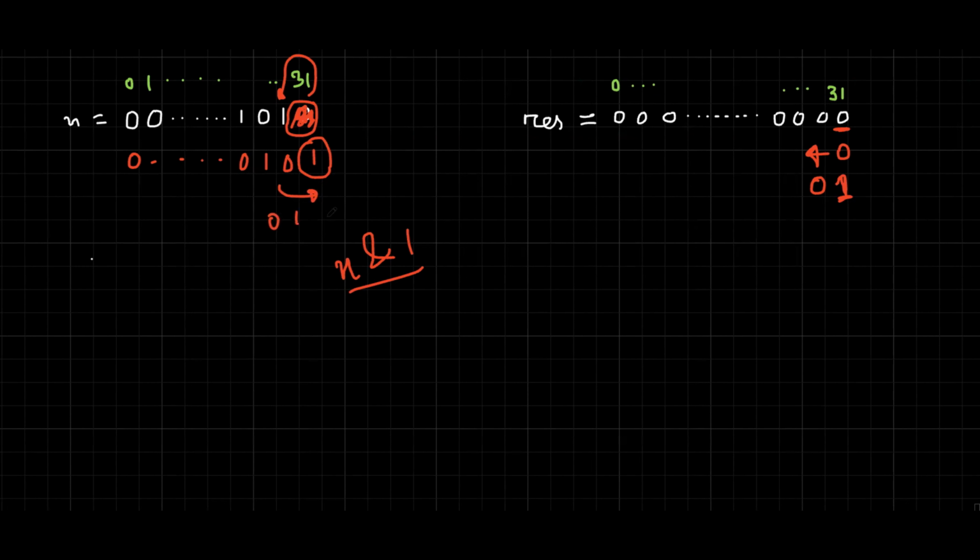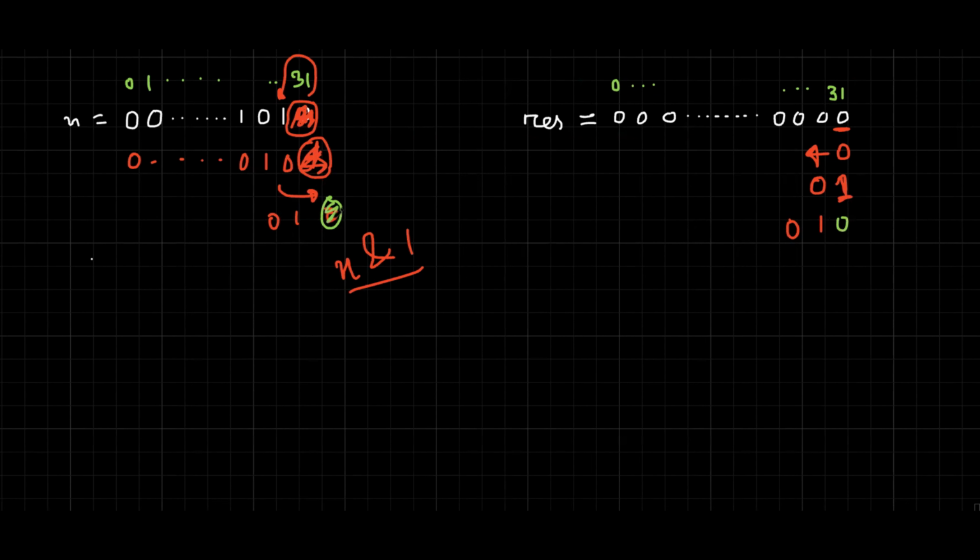Similarly, we apply a right shift here and it will become 0 1 and 0, and this 1 will be discarded. Again we will make the left shift here, so all of this 0 and 1 will be shifted by 1 time and this last bit 0 will be placed here.